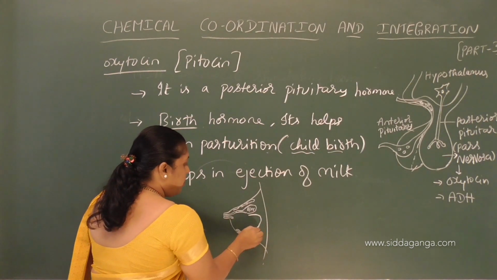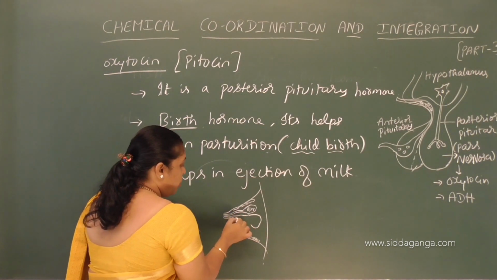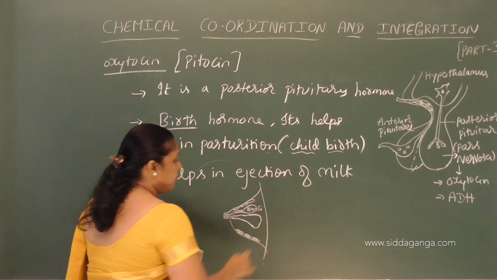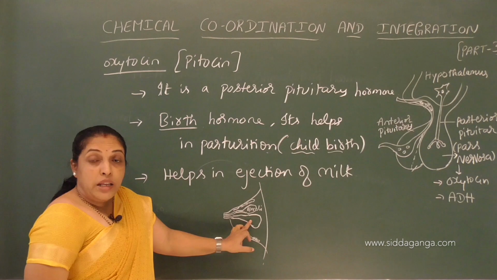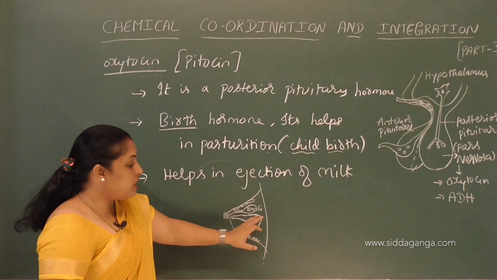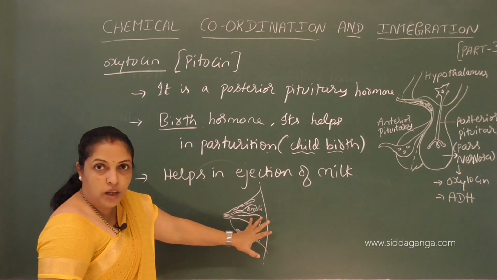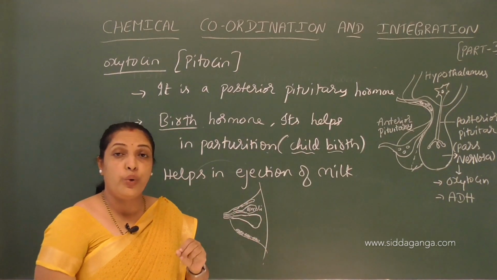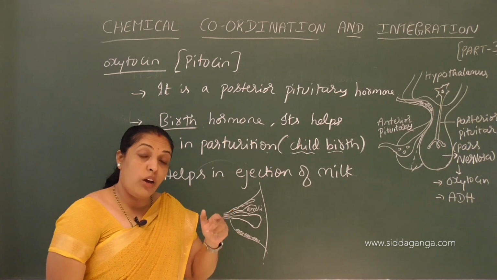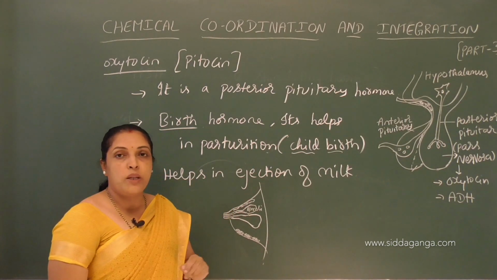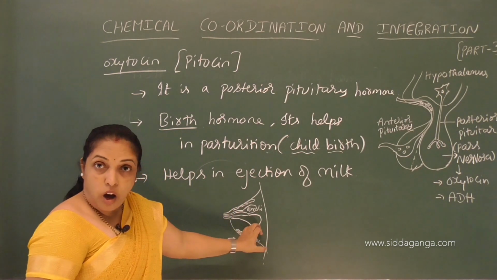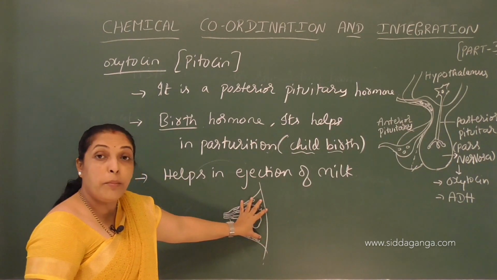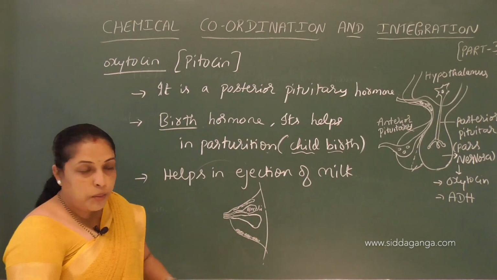I will draw one of them bigger. So this is mammary alveoli. Milk is going to be produced inside the mammary alveoli. You have read about alveoli in lungs. The functional unit of lungs is alveoli, where the exchange of gases takes place. Here, mammary alveoli means these alveoli are present in the mammary gland.